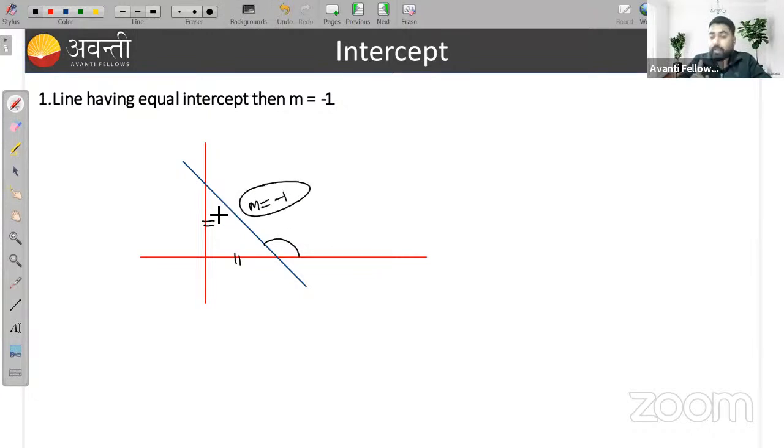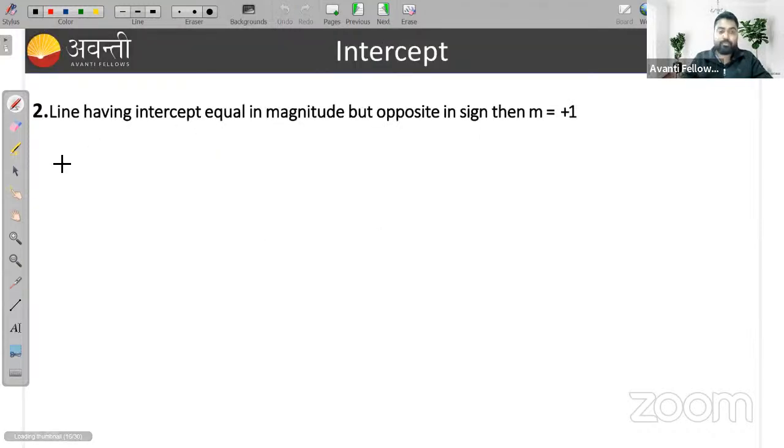Remember, when a line intersects the x and y axes and the x-intercept is equal to the y-intercept, then the slope of that line is minus 1. Clear? Let's move to the next one.